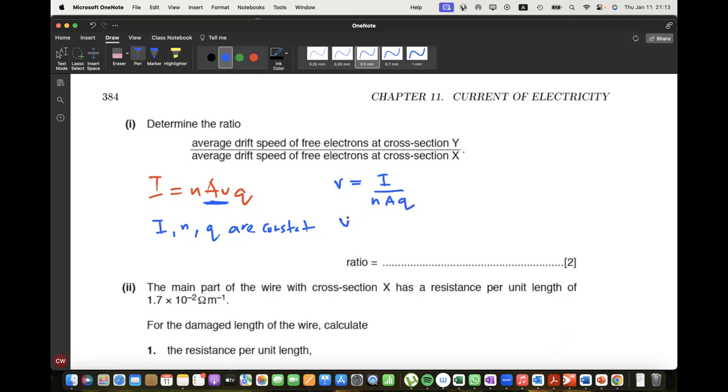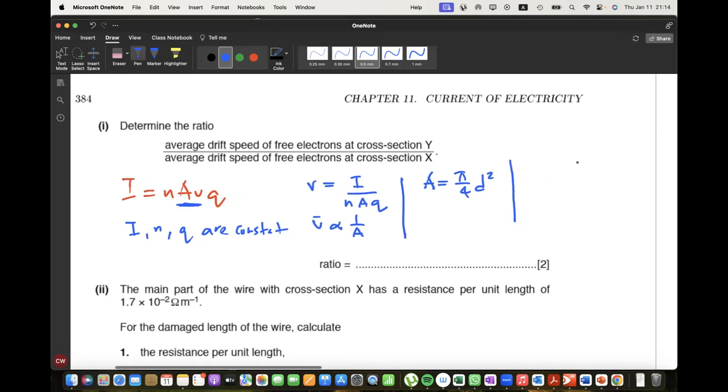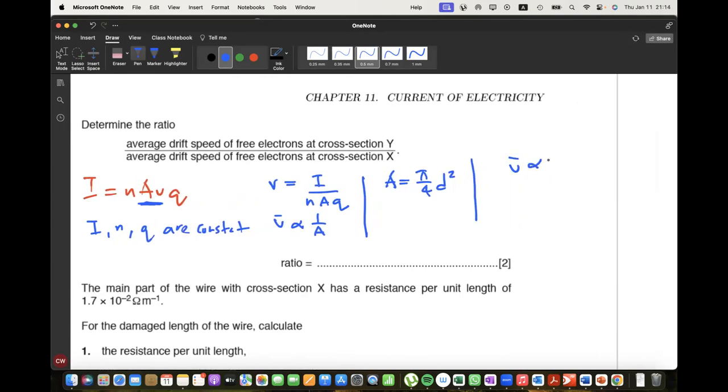Constant. Drift velocity depends on A, I. A depends on what? A is equal to what? Inverse square law again, right? Can you base on the inverse square law to get the answer? Drift velocity is proportional to 1 over D square.